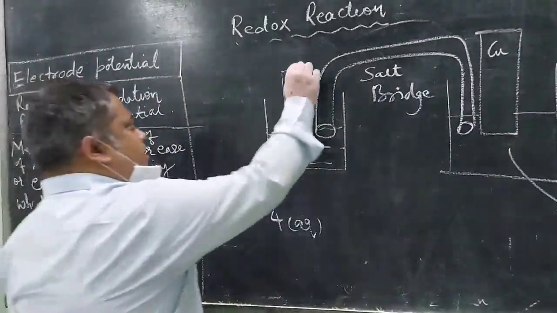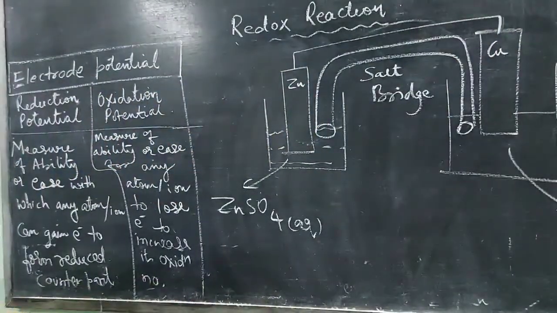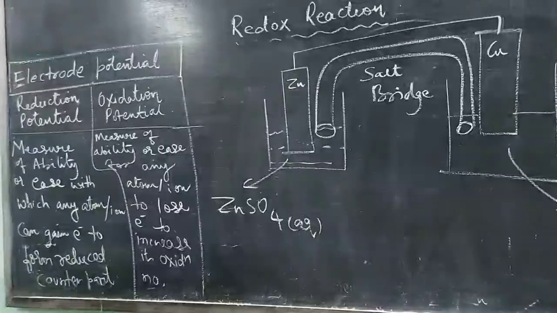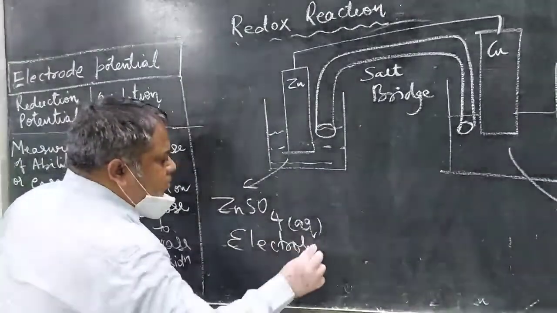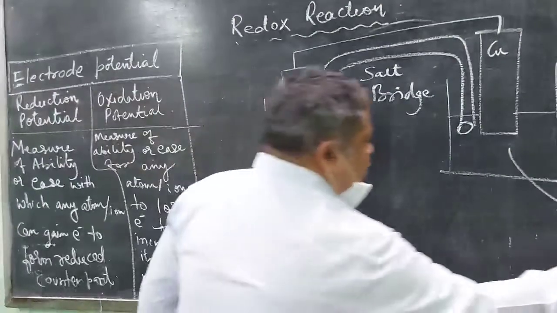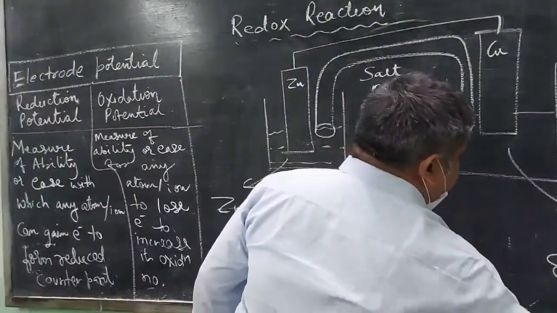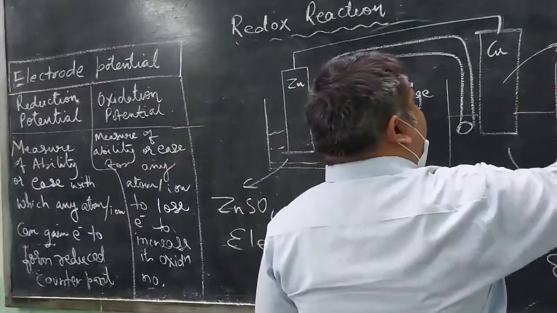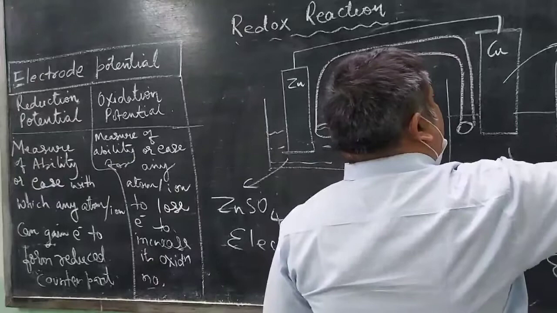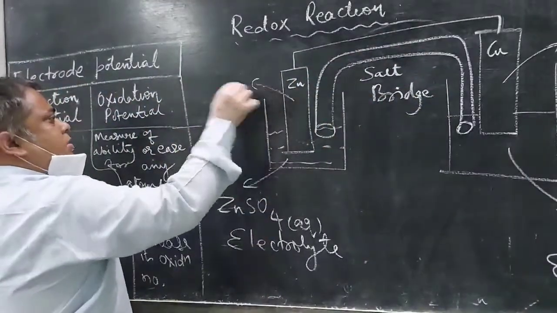And it is connected. So when it is connected, we call this solution an electrolyte, this also an electrolyte, but these solid conductors are called electrodes.